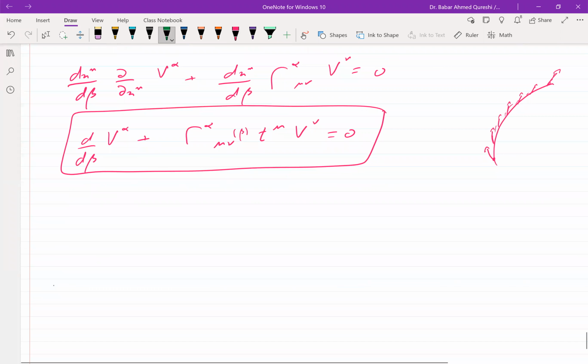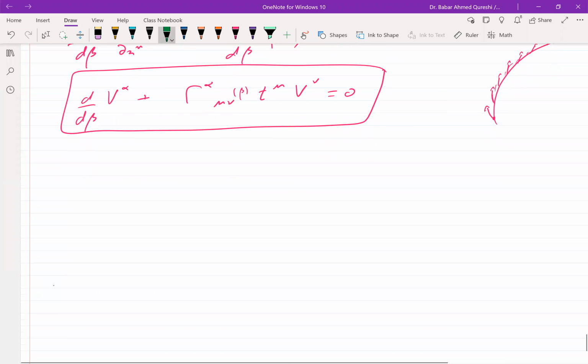Now, using this idea of geometry, how to connect nearby vectors, we can define a straight line. This time, we are not defining it using any concept of distance. This is not the smallest curve or largest curve, nothing like that.